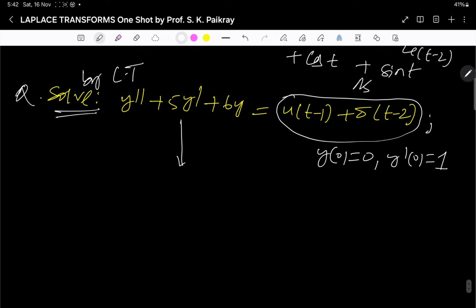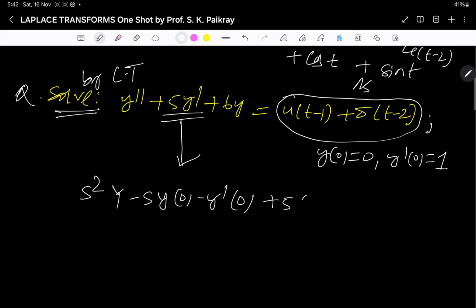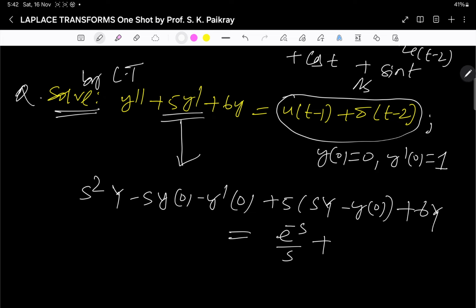As usual, you take the Laplace transform, it will be s square y minus sy0 minus y dash 0, and the Laplace of this is 5 times sy minus y0, plus 6y. In the right hand side it is e to the power minus s by s, e to the power minus s by s, and plus delta t minus a.